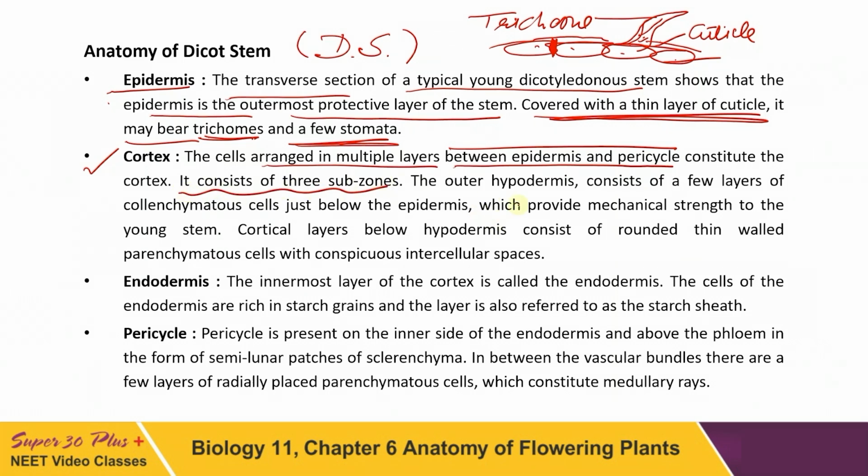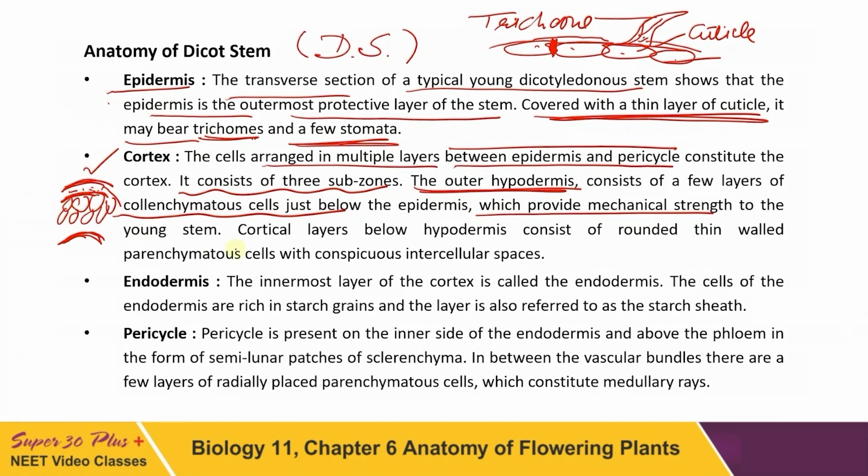Just below the epidermis is the hypodermis. You see here, this is the epidermis, this one is the hypodermis, and this one is the endodermis we are talking about. This hypodermis provides mechanical strength. This is the cortical region made up of many parenchymatous cells.